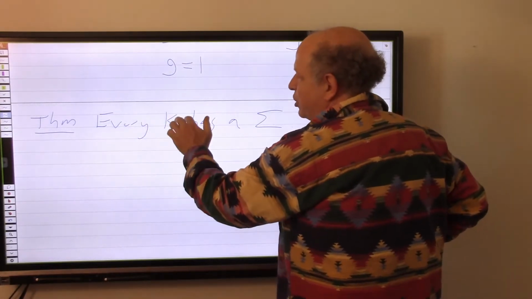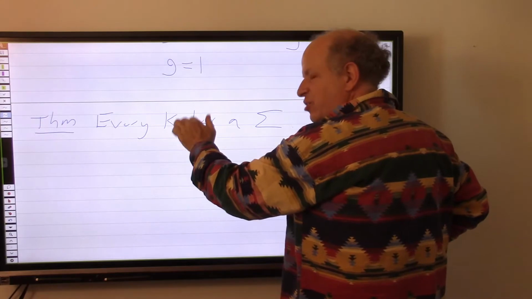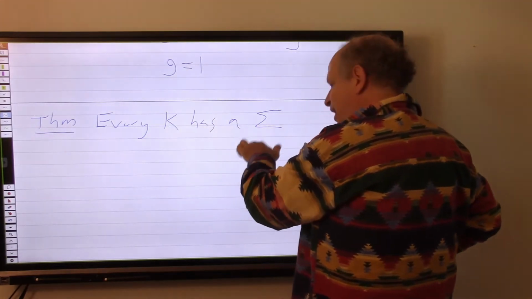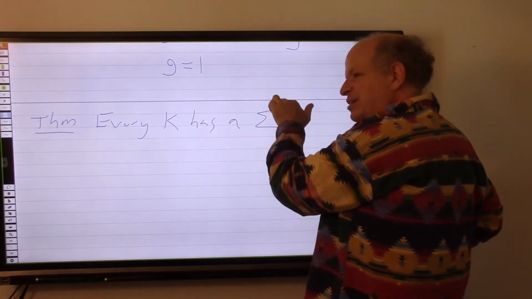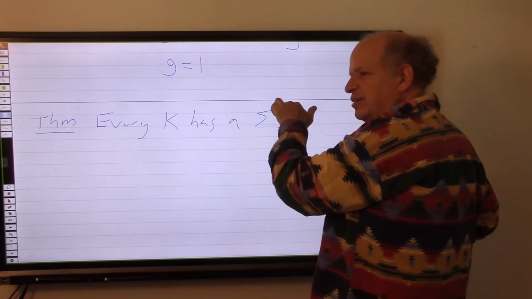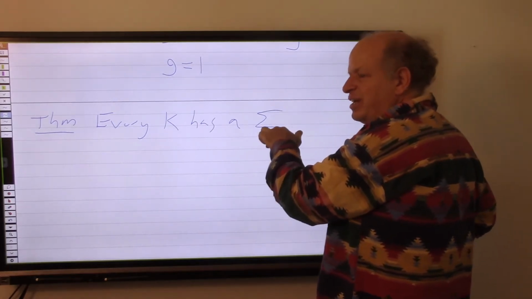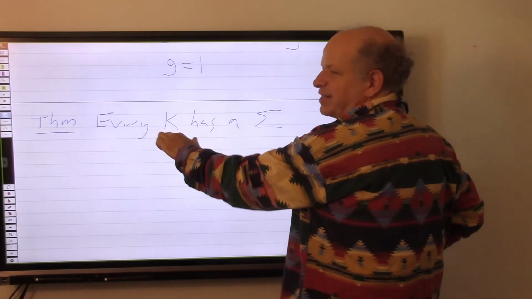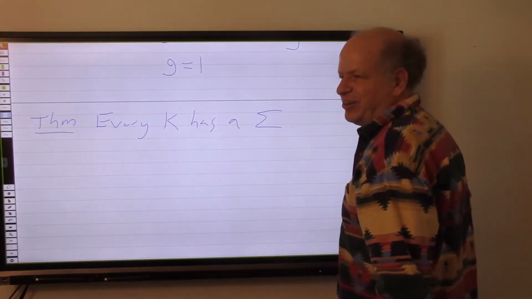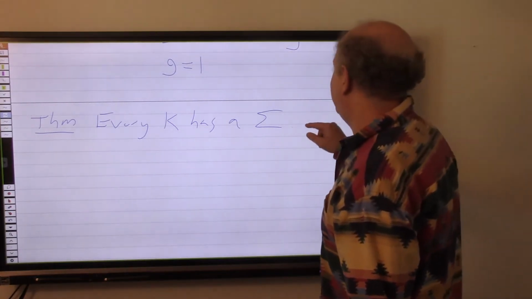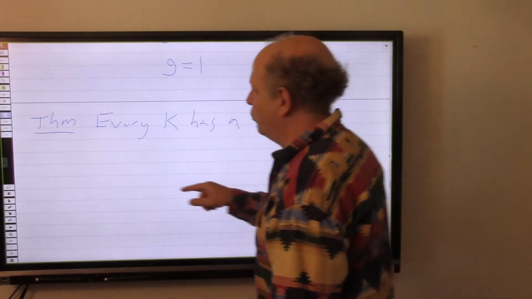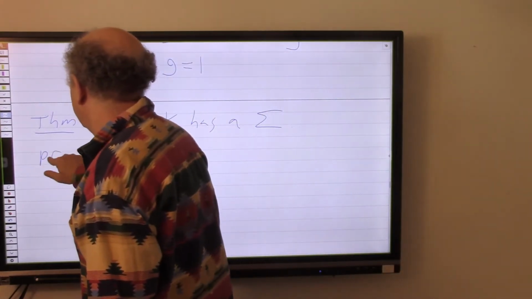Every smooth oriented knot in R3 has a connected, smooth oriented surface in R3 whose boundary is that knot. Okay? And I'll give you 2 proofs.